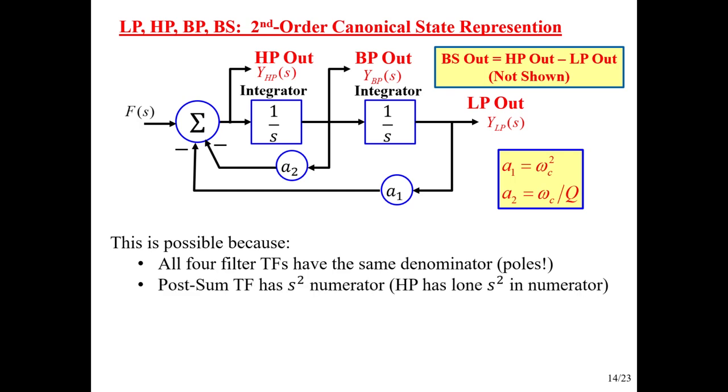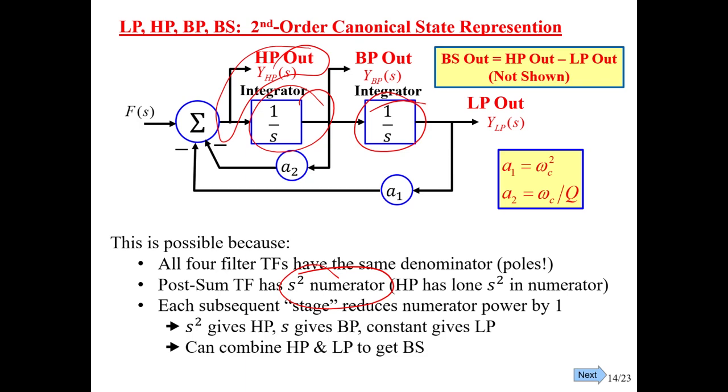So the key thing is we get the four classic filters because all four have the same denominators, and we just have to pick out the right state combinations to make the things that we want. And this works because we've made this part here have the right S squared denominator or numerator, which then gets integrated once and then again to make the other two outputs. So that's the key.